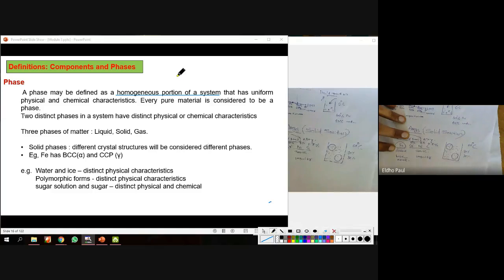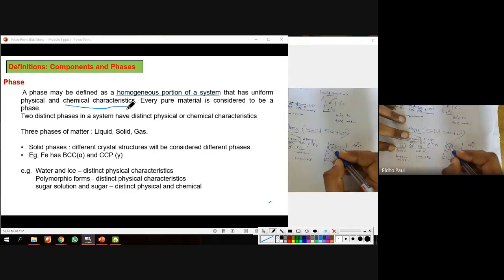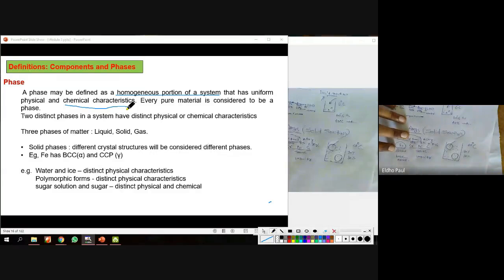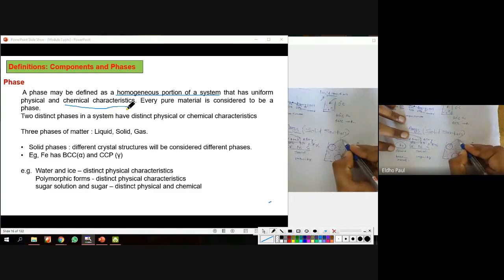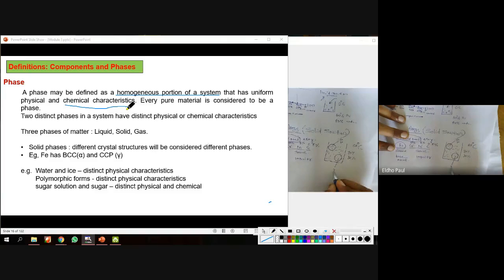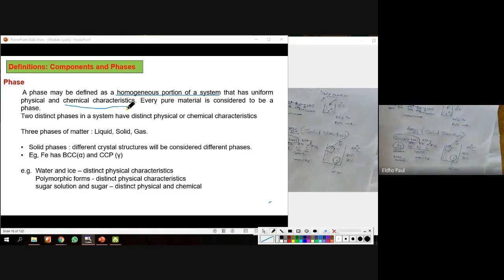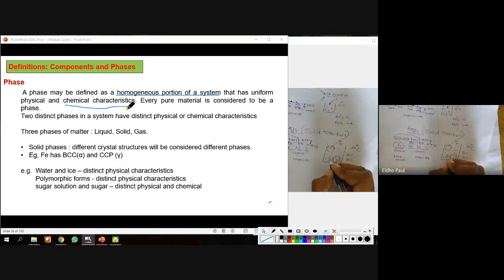And what is the next one? The chemical characteristics. When we check the composition in this region, it will be 70-30. And when we compare the composition in this region, it will be 70-30%. So the chemical composition will be the same. The percentage of solute and solvent material will be the same. So we can say this is a single phase material.